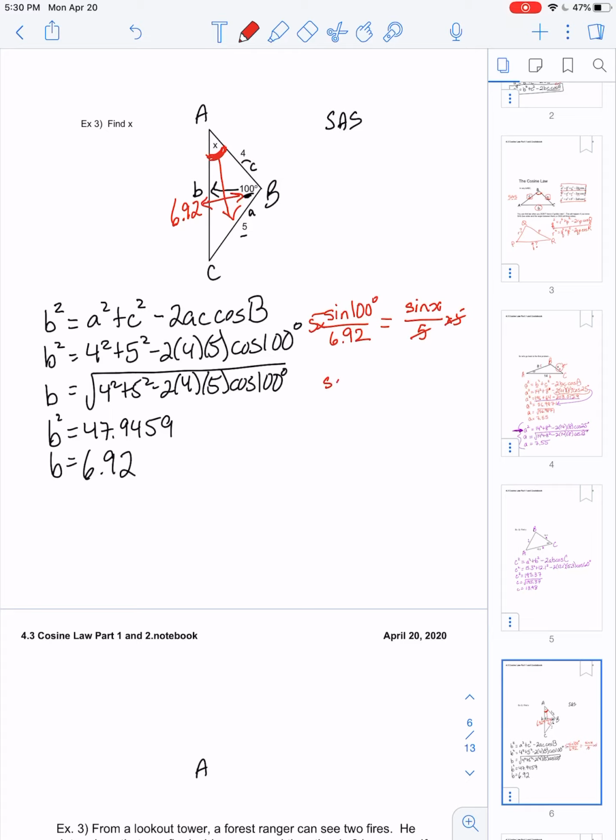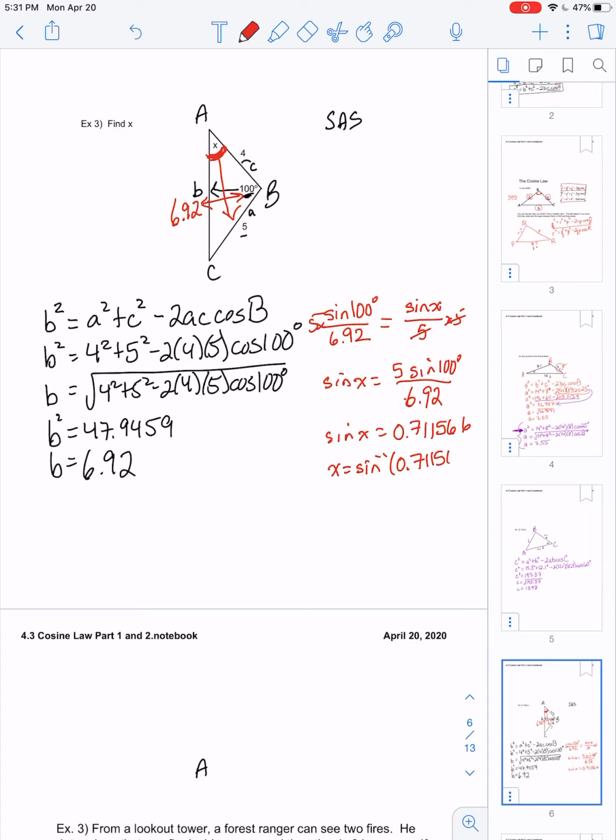So sine of X equals 5 times the sine of 100 divided by 6.92. So 5 times the sine of 100 divided by 6.92 is 0.711566. So X would equal sine inverse of that.